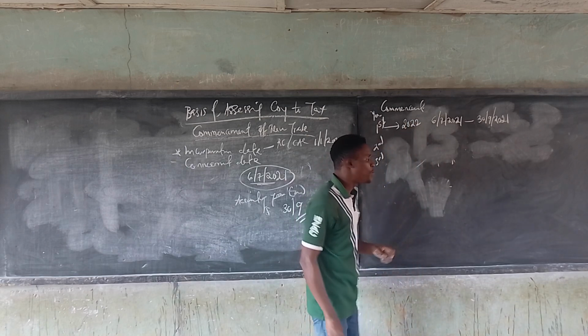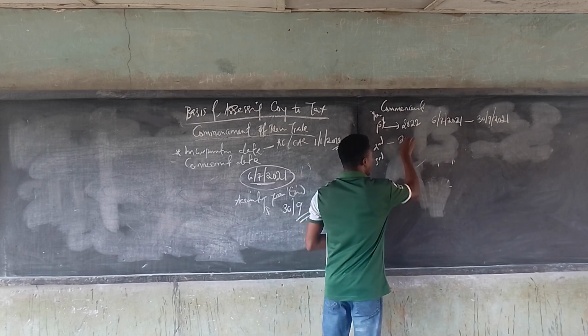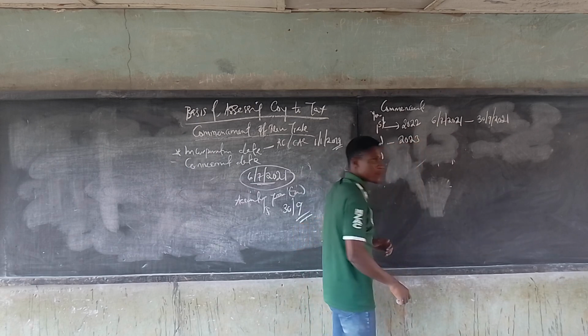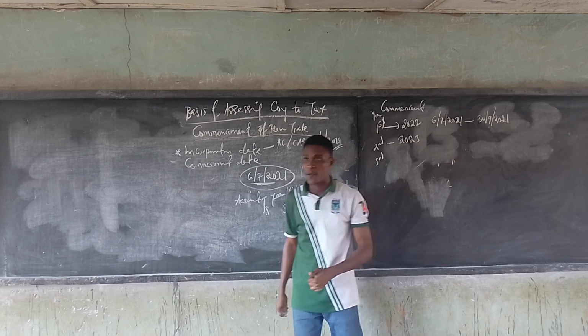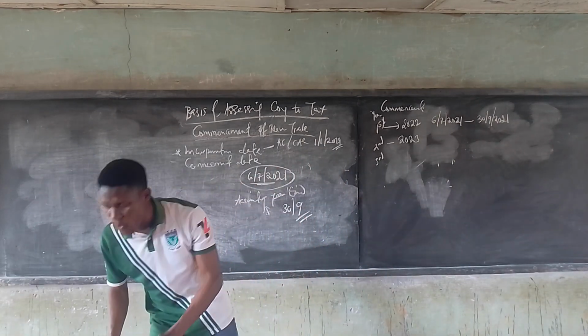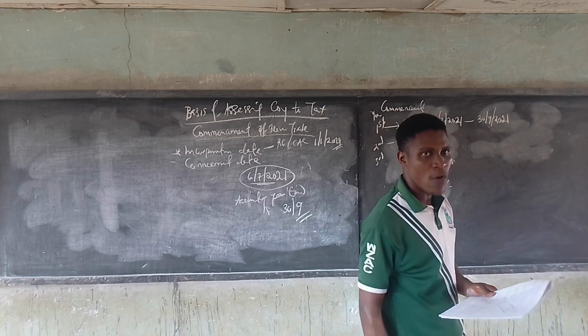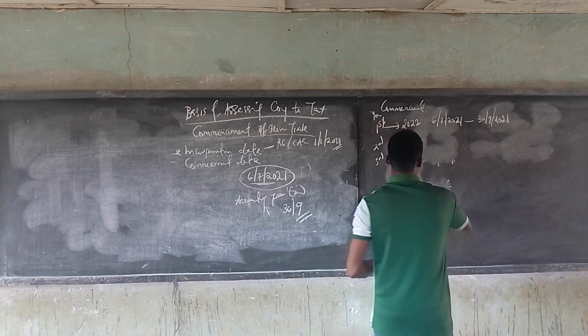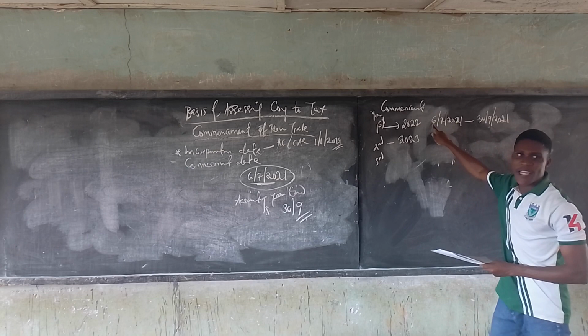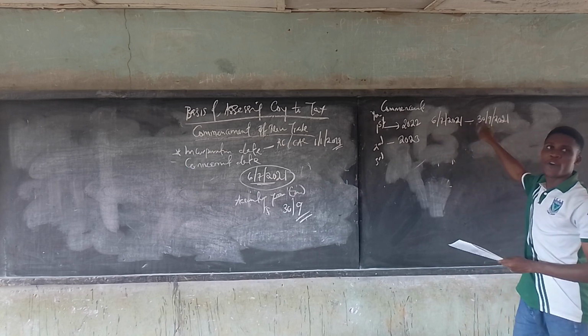So automatically, for the second year, 2023, what is the law saying? Let's look at the second year based on part B. Year one is from the day you commence business to the end of your first accounting year.